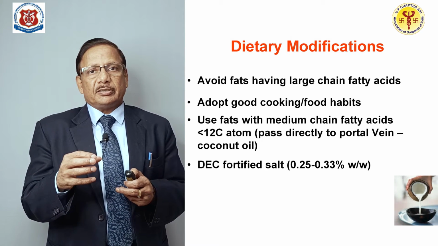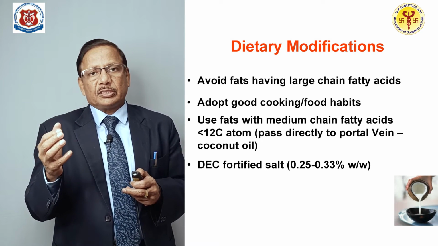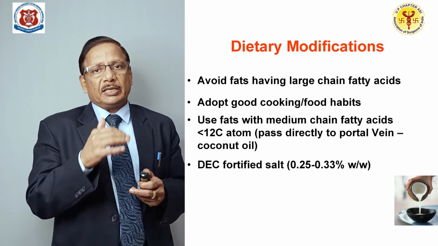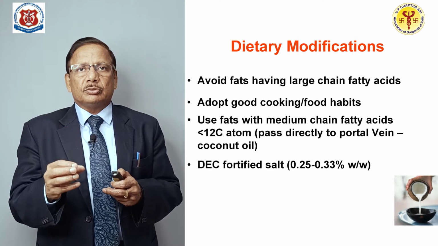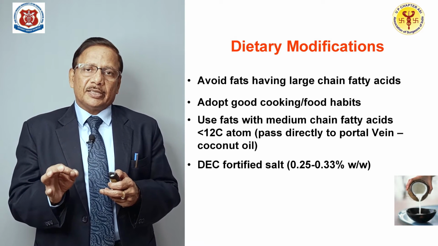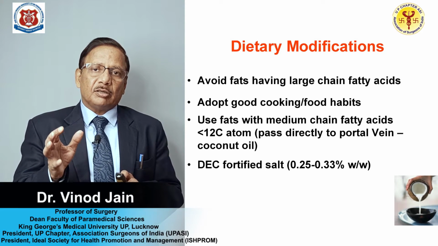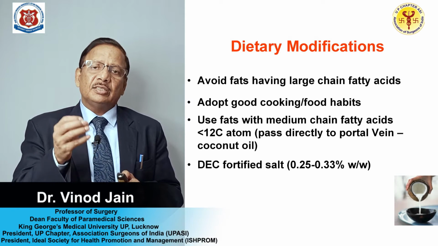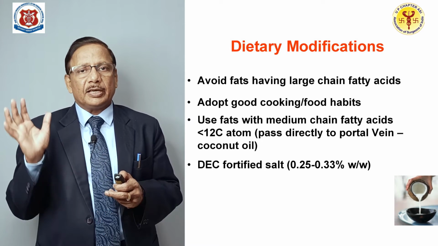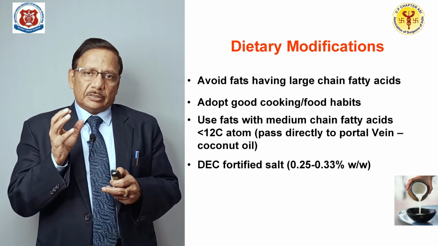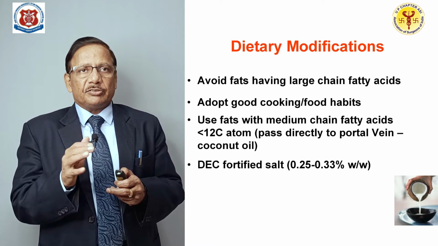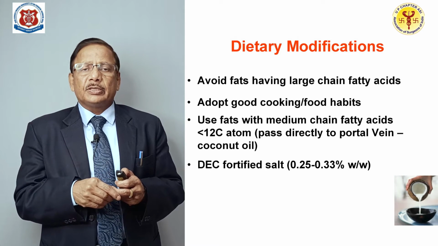But the small chain fatty acids, that means those with less than 12 carbon atoms, directly go to the portal vein and directly go to the liver. That means they are not going to the lymphatic system or the circulatory system. So we will not have Chyluria. And coconut oil has a carbon chain of less than 12, and that we should use.